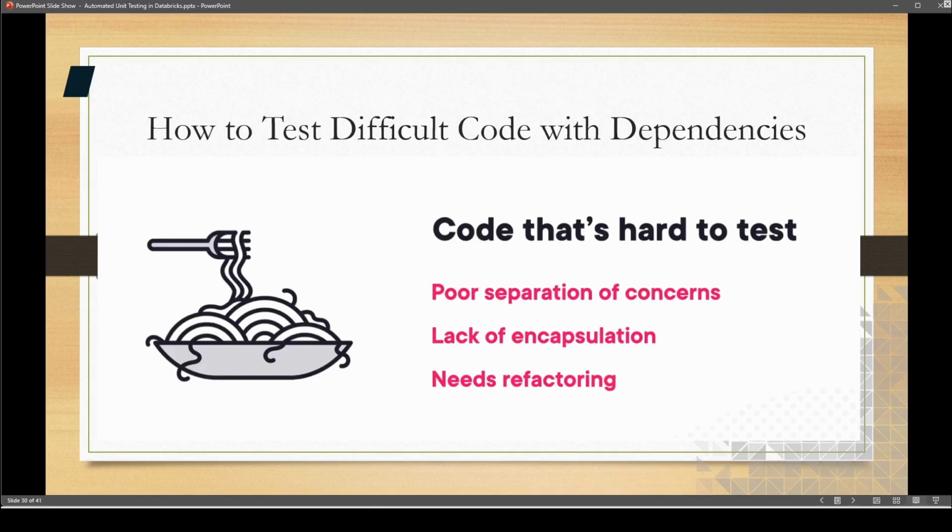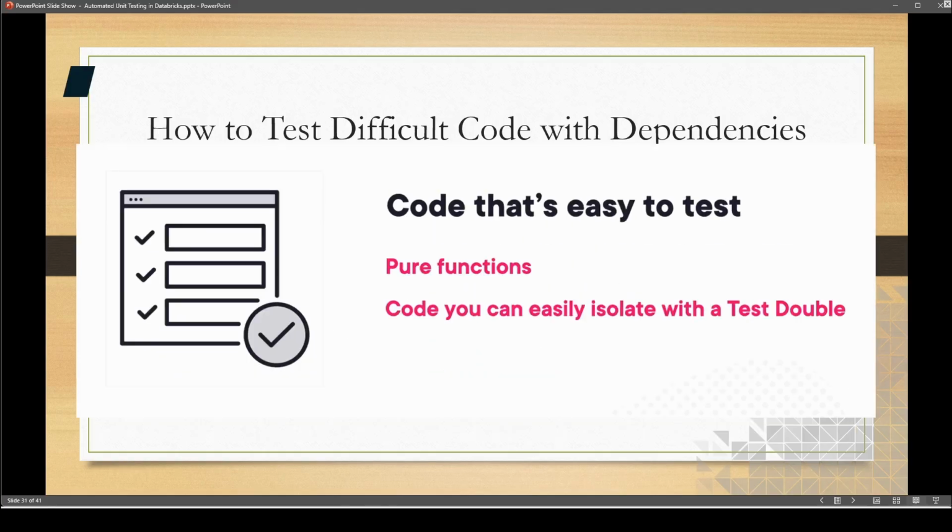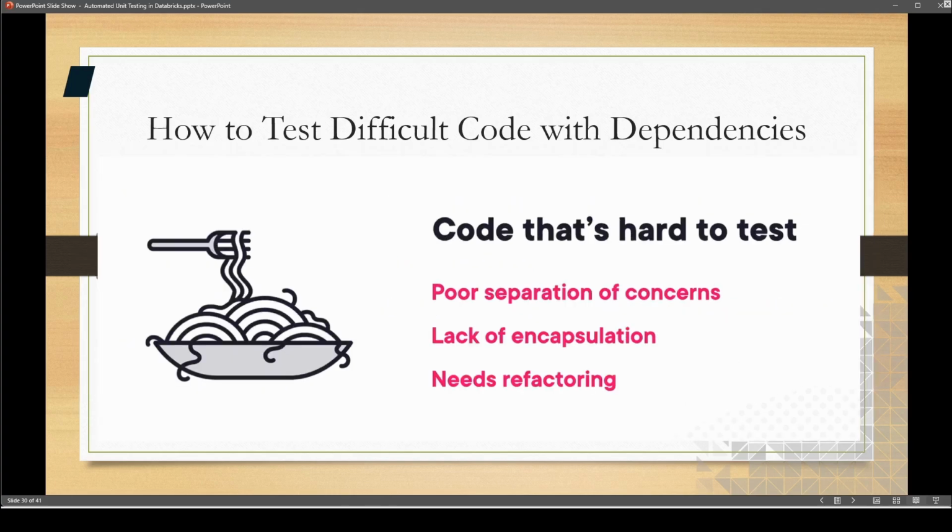There's one thing to keep in mind. If you find your code is difficult to test, there's a good chance that your code wasn't written correctly in the first place. If it was written correctly, you won't need a lot of refactoring. Code that's hard to test would have poor separation of concerns.